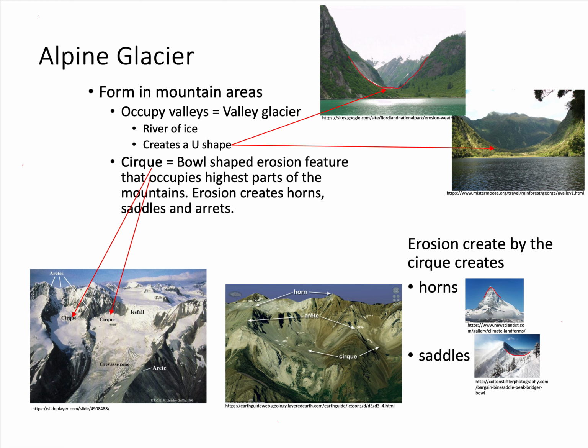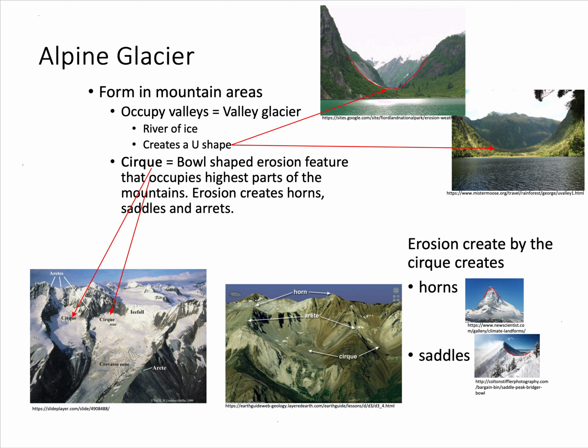Alpine glaciers form in mountain environments, and what they create are valley glaciers, and we consider glaciers like rivers of ice. The same way a liquid river flows is how a glacial river flows. We've got the same zones where you've got fast moving material.